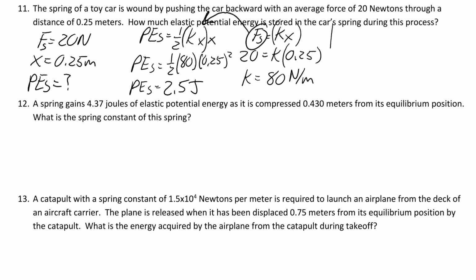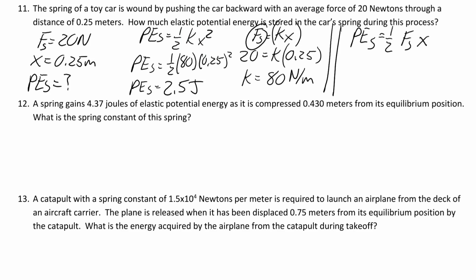So instead of writing the equation like that, you could write PES is equal to 1/2, and instead of writing kx, we're going to write an F, because F is equal to kx, times x. We still have an x left over because remember the original equation stated that we have 1/2 kx squared.